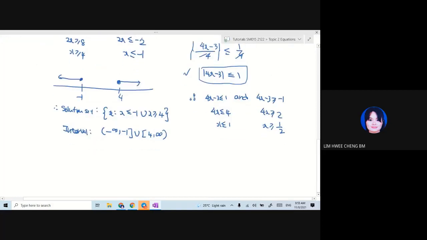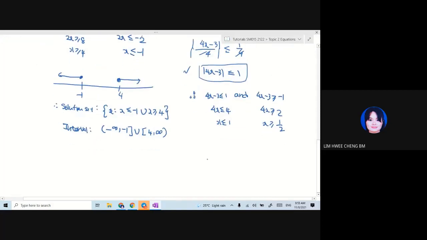Okay, for these cases, since you have the cases of n, you have to end out your final solutions with the intersection. Okay, so you draw the then circle. Kenapa dia then circle dia? Sebab dia ada less or equal sign. Dia ada equal sign. So this is the greater. So you take the intersection part.